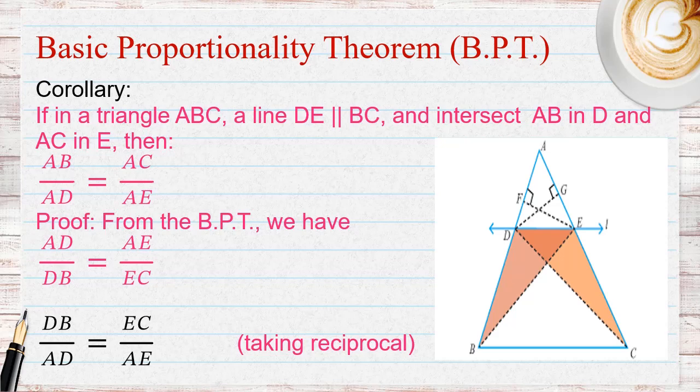So proof, from BPT we have AD upon DB equals AE upon EC, right? Because DE is parallel to BC. So the other two sides of a triangle must be in the ratio AD upon DB equals AE upon EC. Now taking reciprocal of this, we get DB upon AD is equal to EC upon AE.